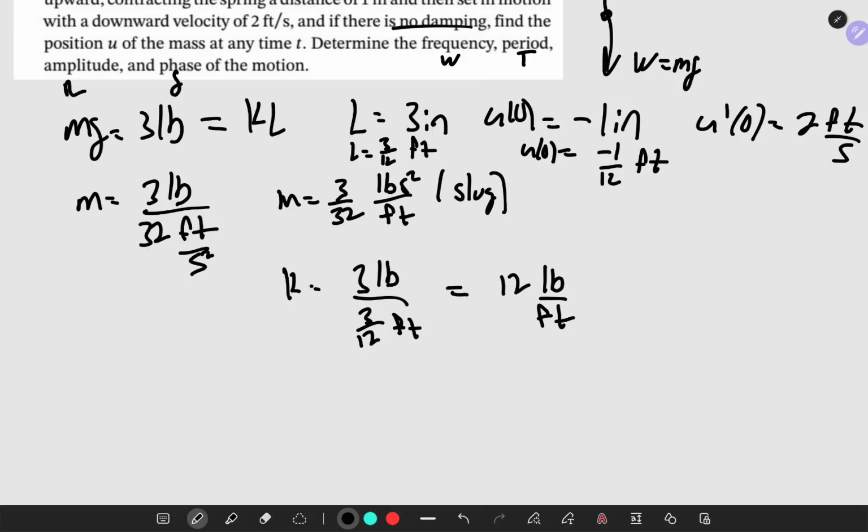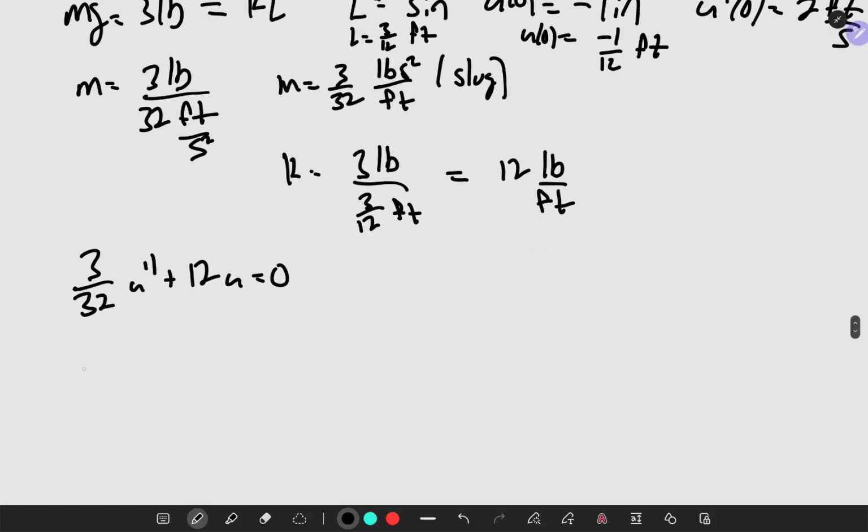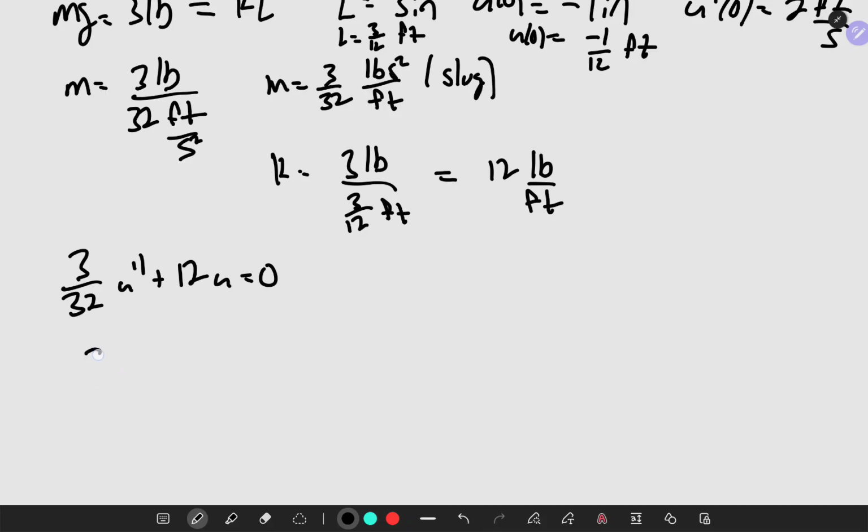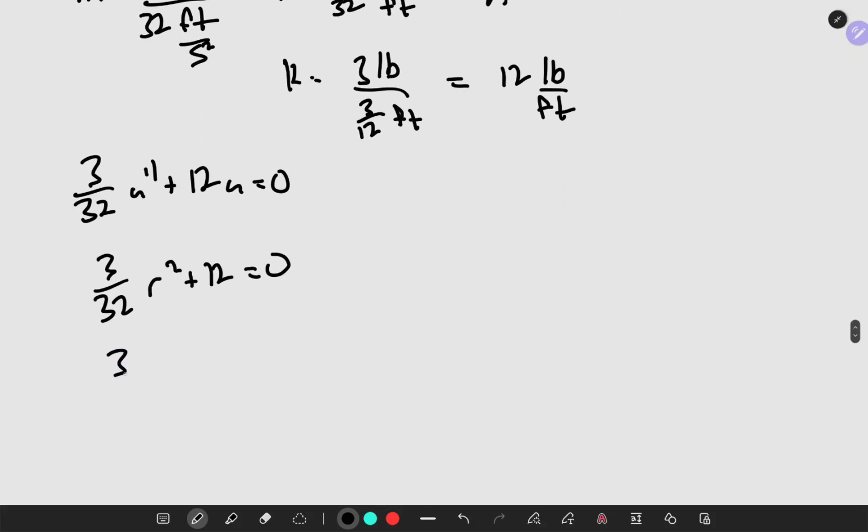Okay, now we can write out our modeling equation. I'm going to forget about units for now, because everything should be in order. Let me write this first before I get confused.